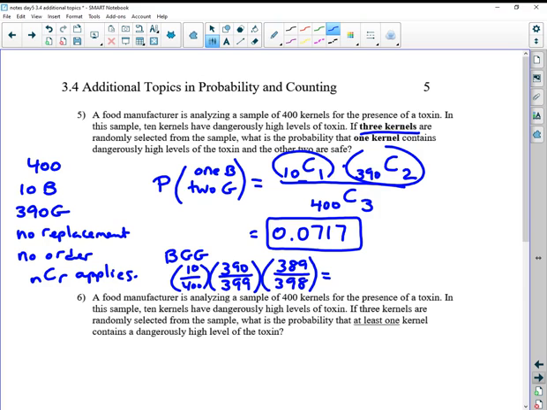Let's see here. I get 0.02388, but there are 3 ways to do this.